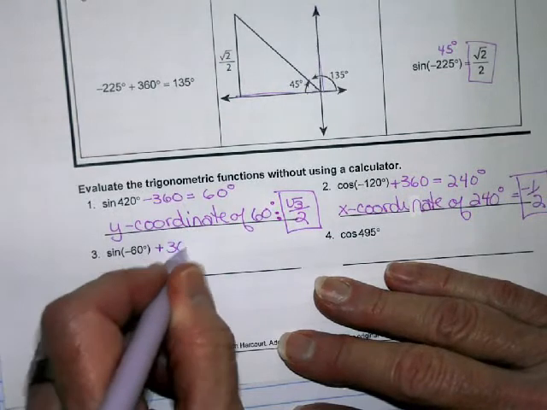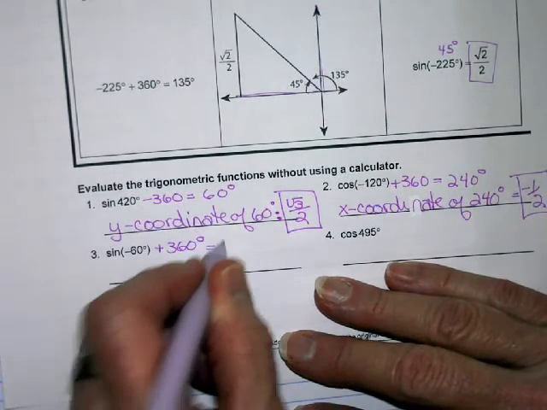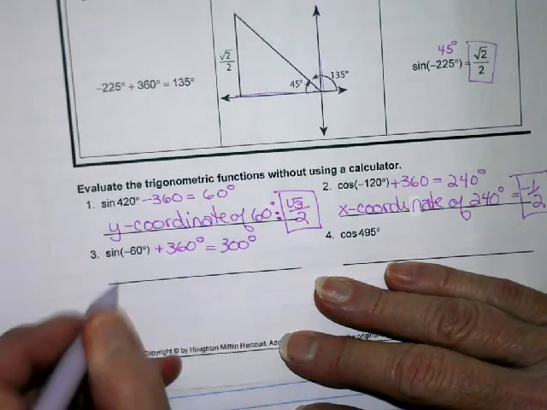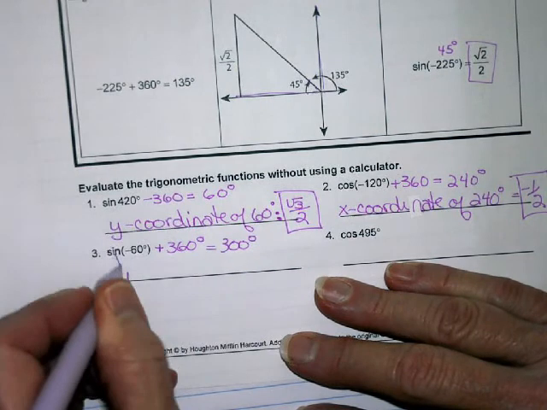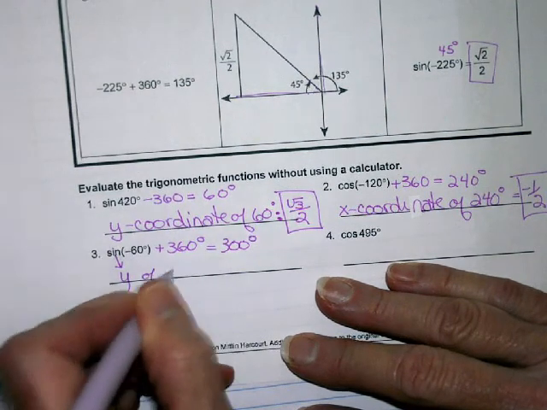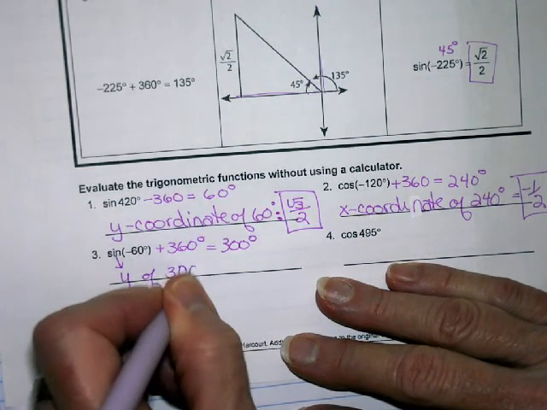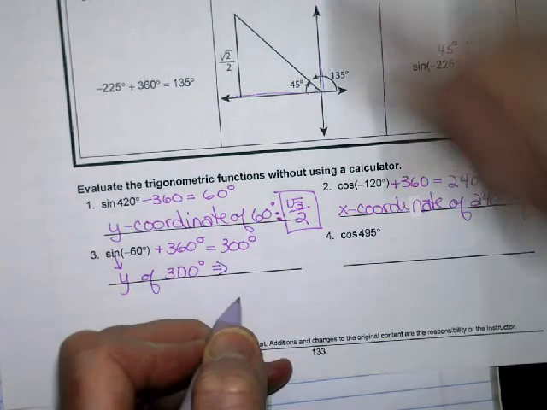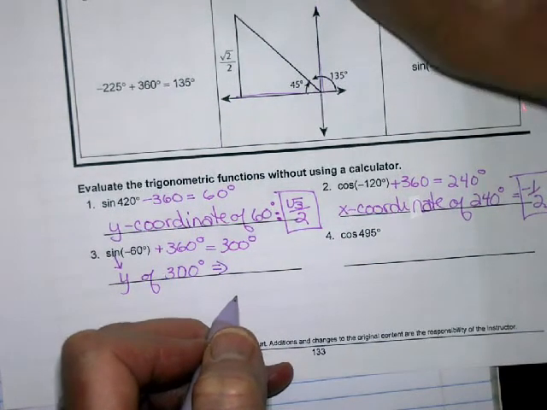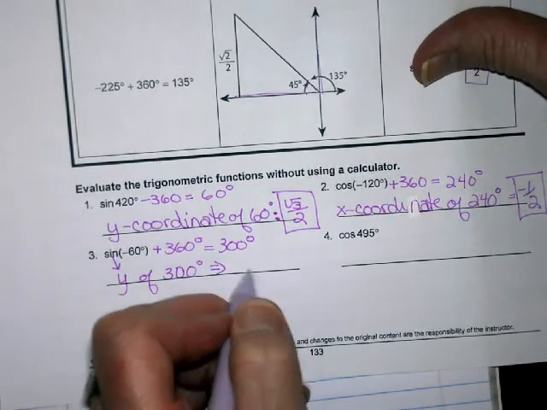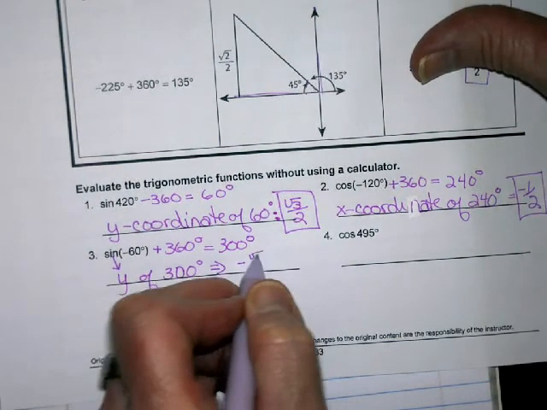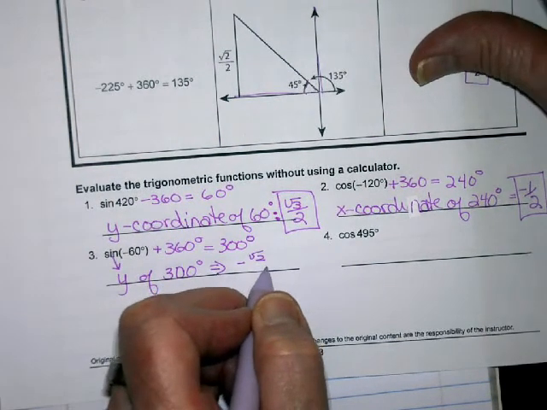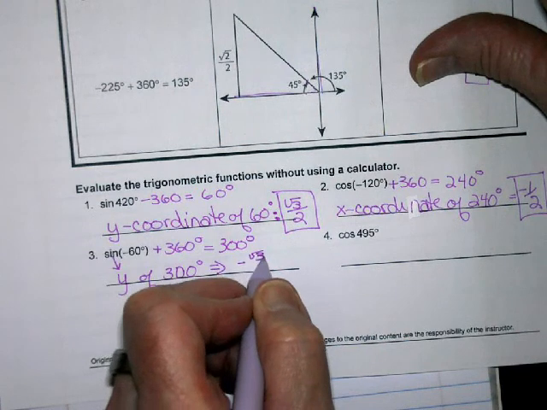Okay. All right, so I'm going to add 360. I'm going to look for the y-coordinate. I'm being lazy, abbreviating it a little bit. The y-coordinate of 300 degrees is a negative square root of 2 over 2.